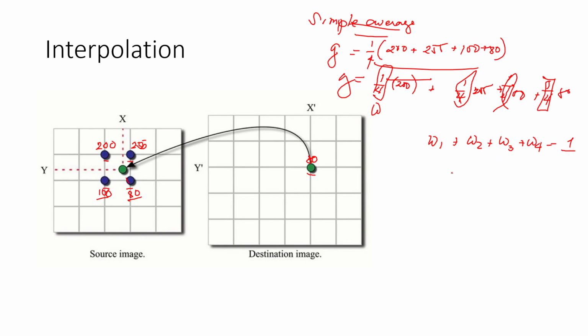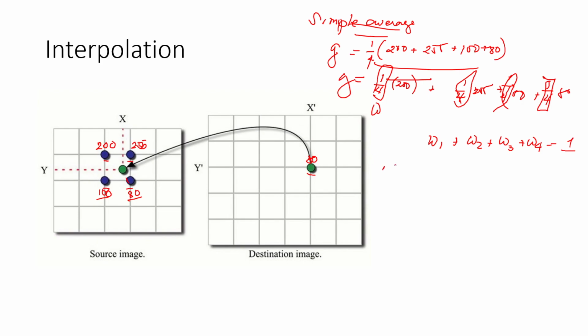But if a certain location is much closer to our candidate location, then its weight should be higher. If we're using the nearest neighbor, then the weight of that entire thing is equal to 1. We call this the weighted average.